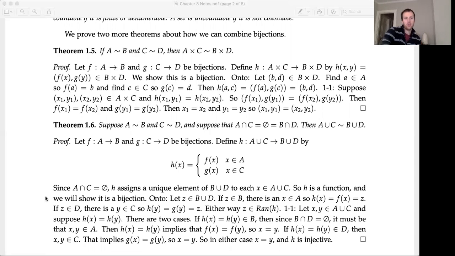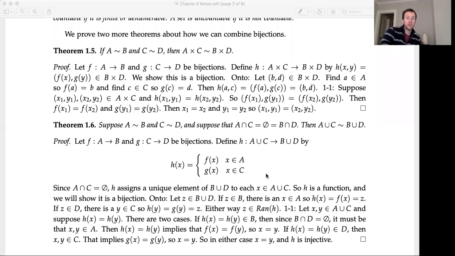Another way of constructing bijections is if you have two pairs of sets, A equinumerous to B, C equinumerous to D, and A and C are disjoint, and B and D are disjoint, then their unions are also equinumerous.